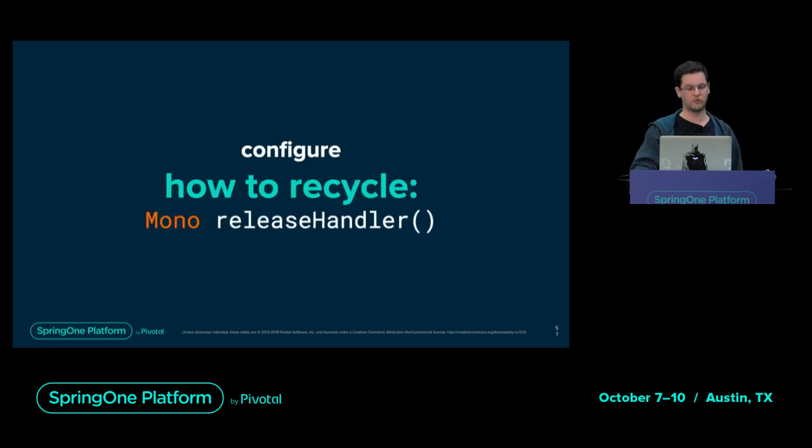You configure how to recycle via a release handler, which is also a Mono. So every step of the way, it's Monos and Fluxes. So it's all wired to be asynchronous and non-blocking. So you have to have that sort of method to construct your object in a non-blocking fashion.